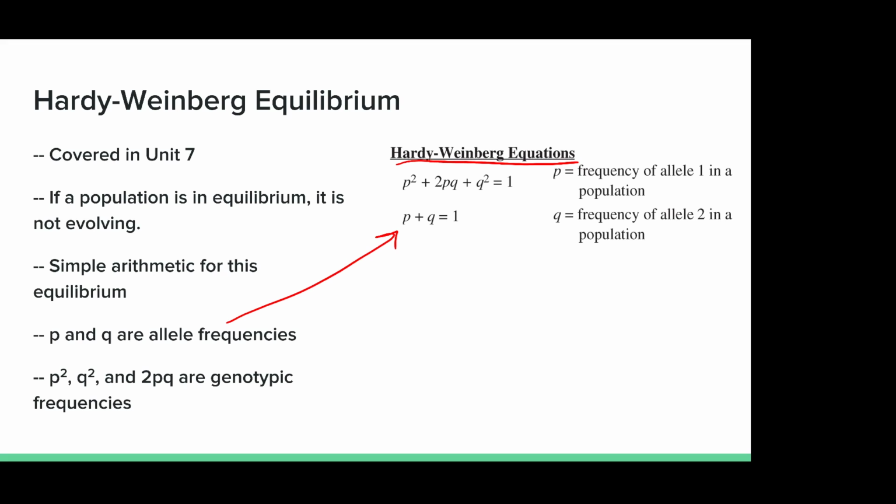If there are only two alleles, the proportion of alleles that are allele 1 and the proportion that are allele 2 must sum to 1. There's nothing else they could sum to. So it's a pretty straightforward assertion about gene pools, or really allele pools.